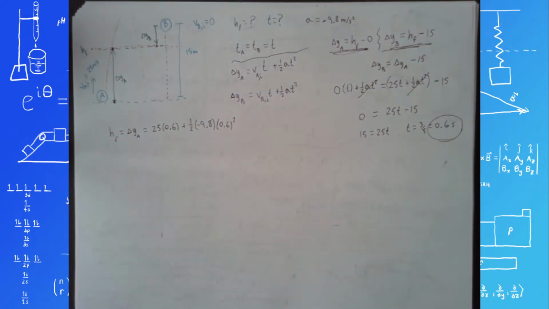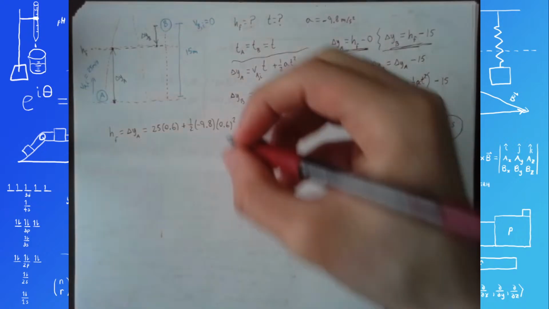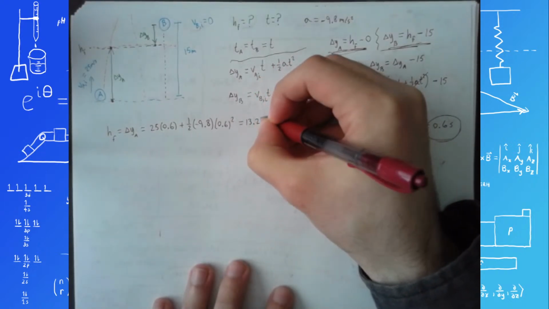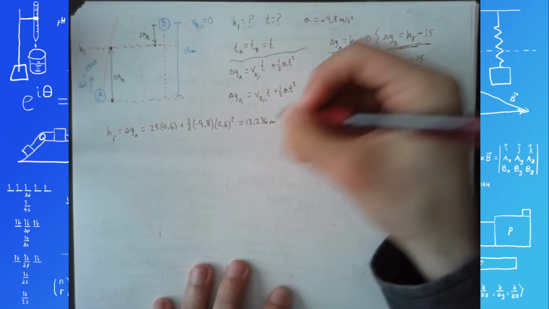And if I plug all that in, 25 times 0.6 minus 4.9 times 0.6 squared. Syntax error. Oh, minus. I hit the negative button. Okay, I'm getting 13.236 meters.